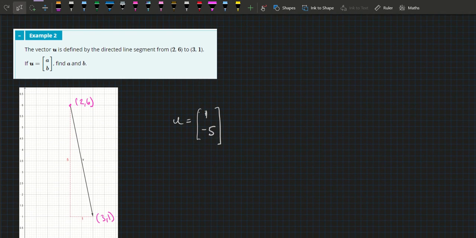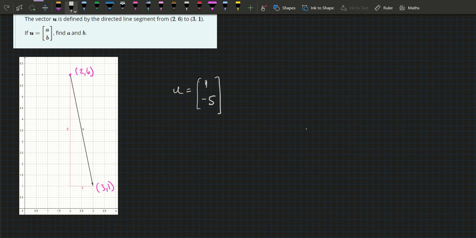Finding the points, well, you would just subtract the values. Okay, so from here to here, another way I could have written that was whatever this vector is, 2, 6, plus that vector, A, B, will equal 3, 1.